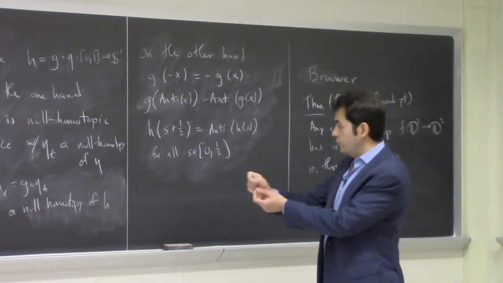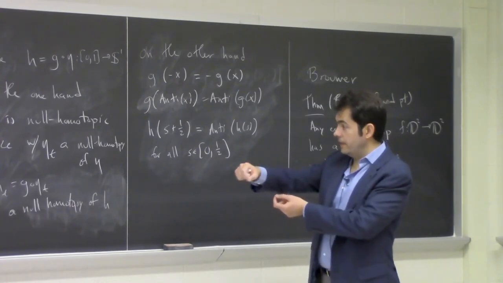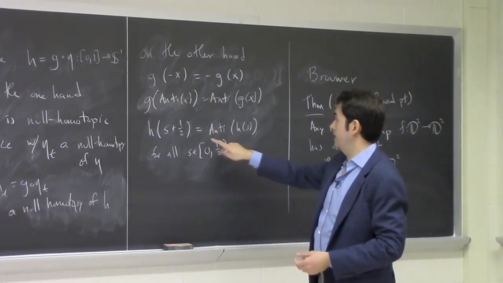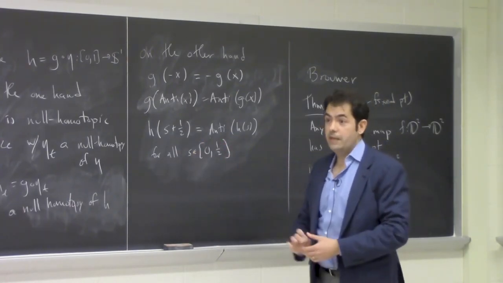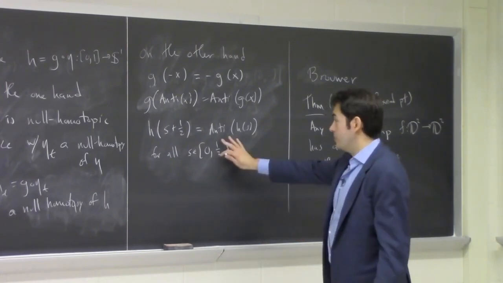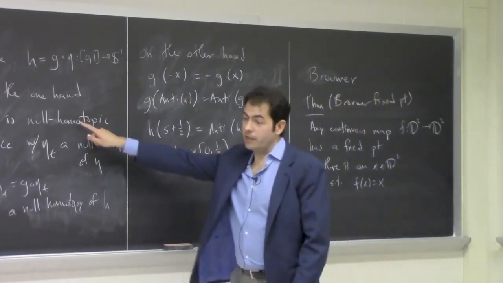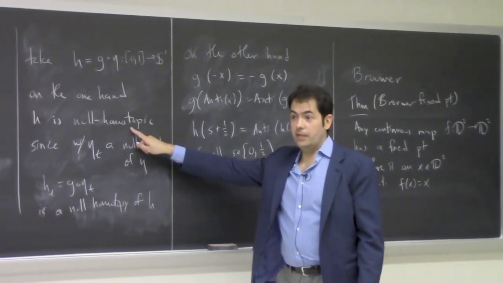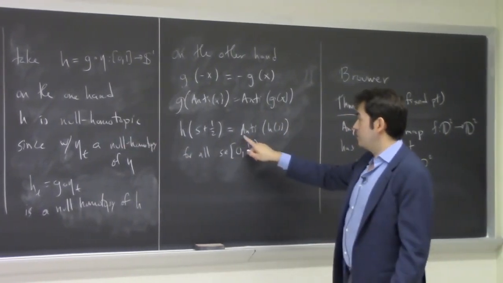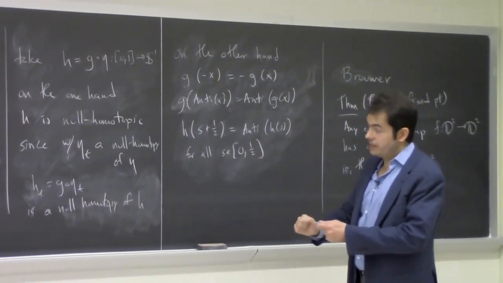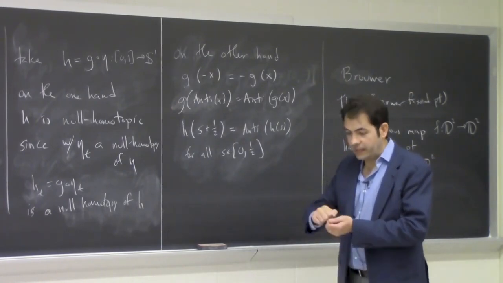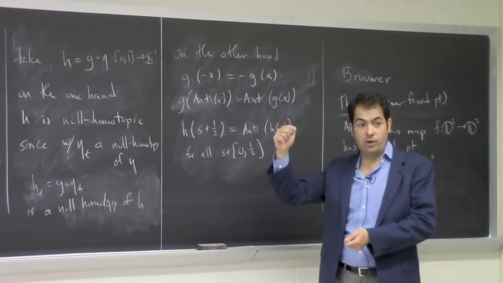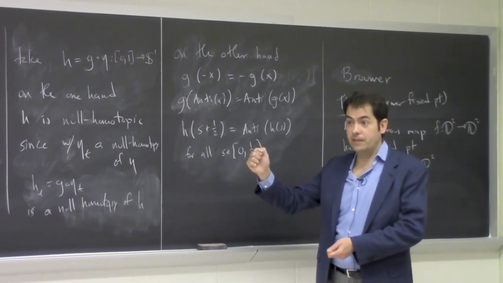So if you just look halfway around, then you're just taking the antipodal point. Right? So what we want to do with this is we want to show that H is not null homotopic. Right? So we're going to think about what this means if you were to take this loop H and lift it to a path on the real line.